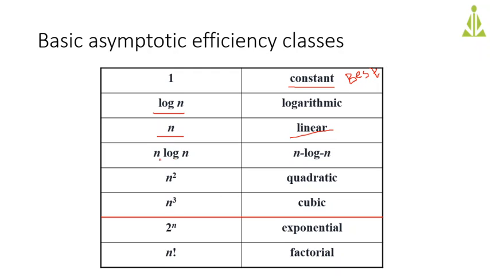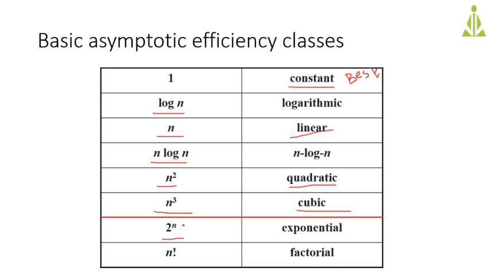And next is n log n. n log n is greater than linear, logarithmic and constant. n square is quadratic. n cube is cubic. n cube is greater than n square, n log n and 1.